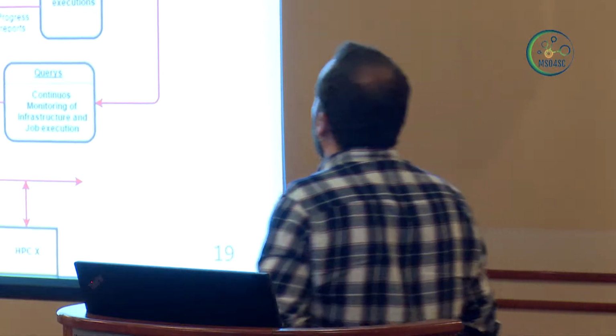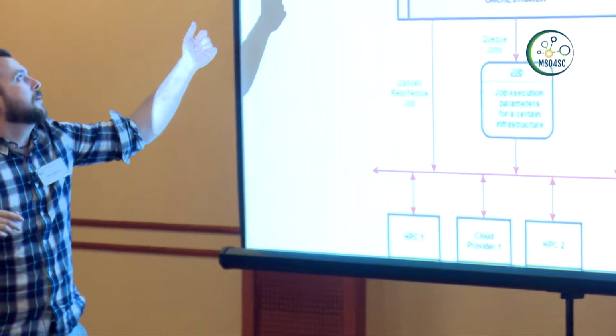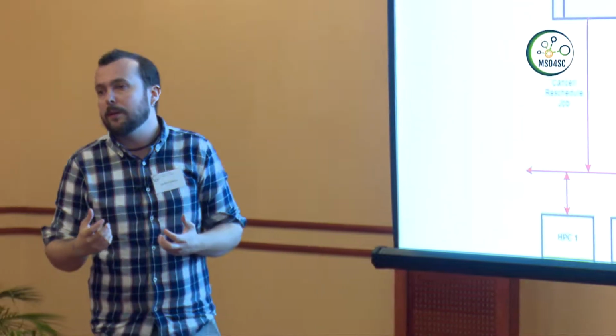This would be a more technical architecture, just to show you how all of this is going to work. When we select the data and the software in the portal, it is going to produce a blueprint of the execution, which is a Tosca file. I'll explain this a little bit more.